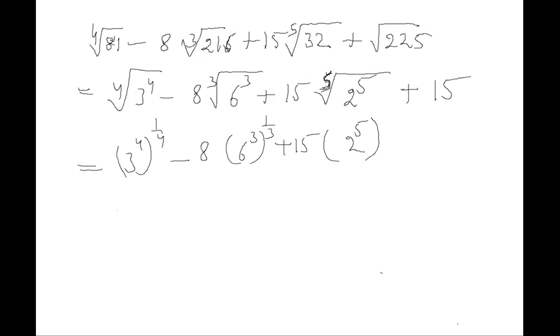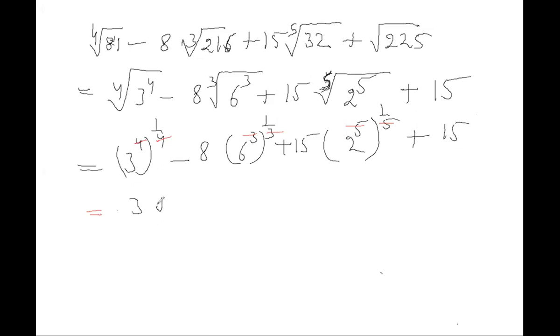I lost my screen. Simple. Now you see 4 goes with 4, 3 goes with 3, 5 goes with 5. So now the simple numbers are left.